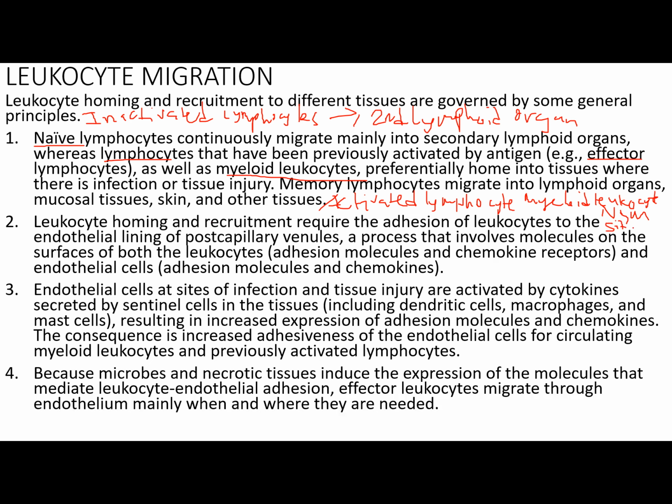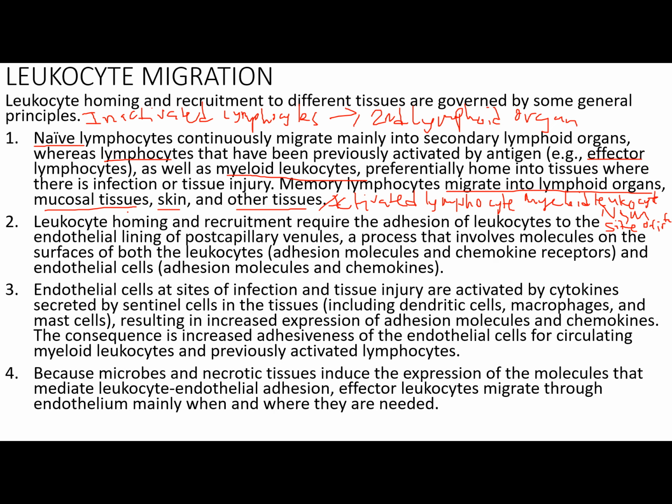So, the naive or inactivated lymphocytes would go to the secondary lymphoid organs. Those that are activated, activated lymphocyte, activated neutrophil, activated monocyte would go to the site of injury. While those that are memory lymphocytes naman class would migrate into the lymphoid organ, mucosal tissue, skin, and even other tissues.